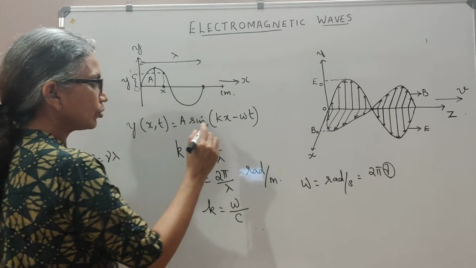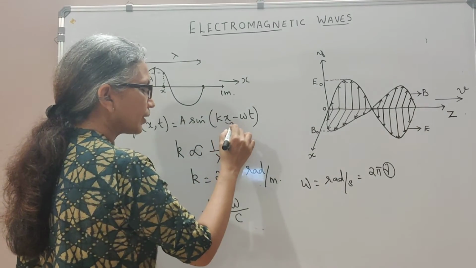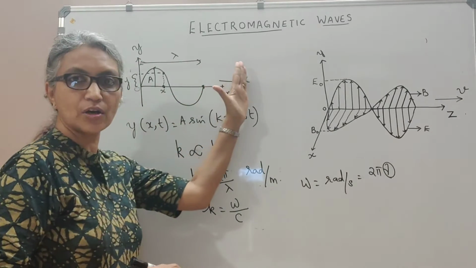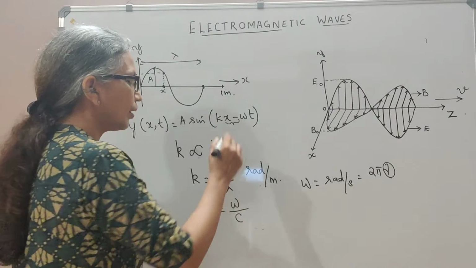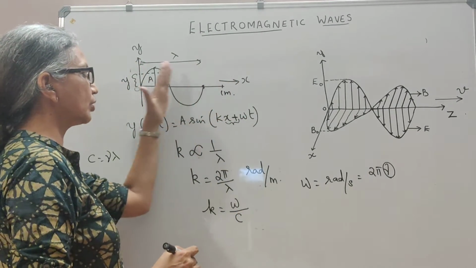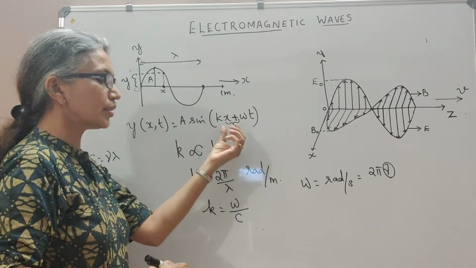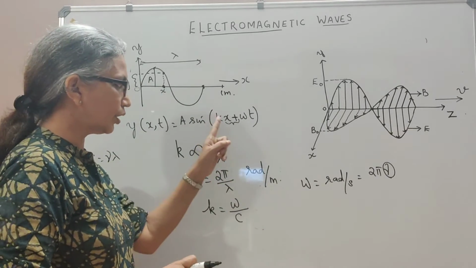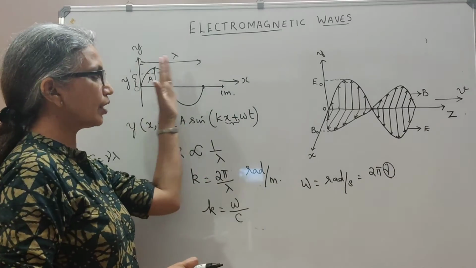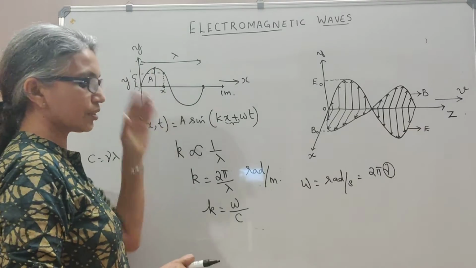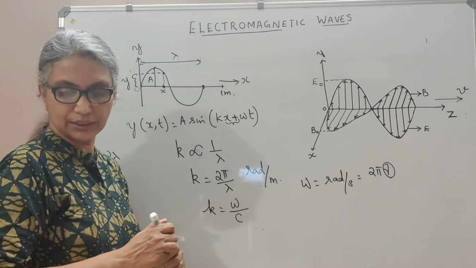Also remember, if you see x minus, it means that the wave is traveling along the positive x-axis. But if you see x plus, then it means that the wave is traveling along the negative x-axis. This is discussed in detail in your chapter waves in class 11.